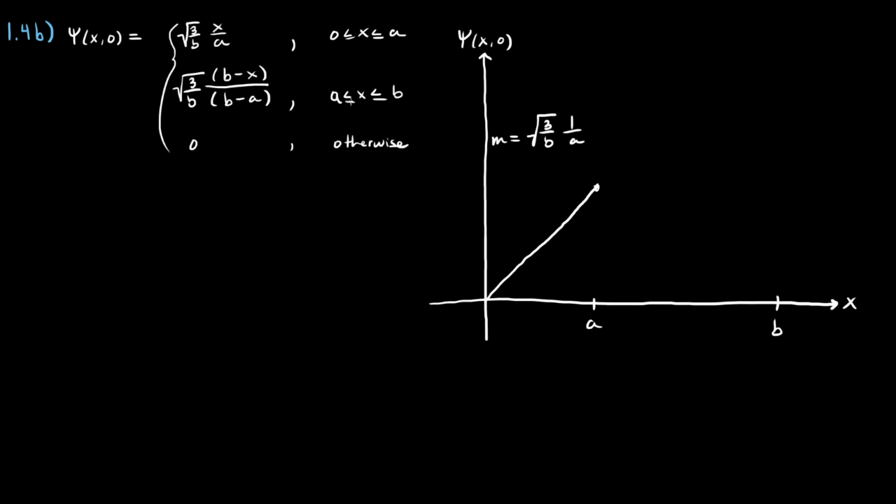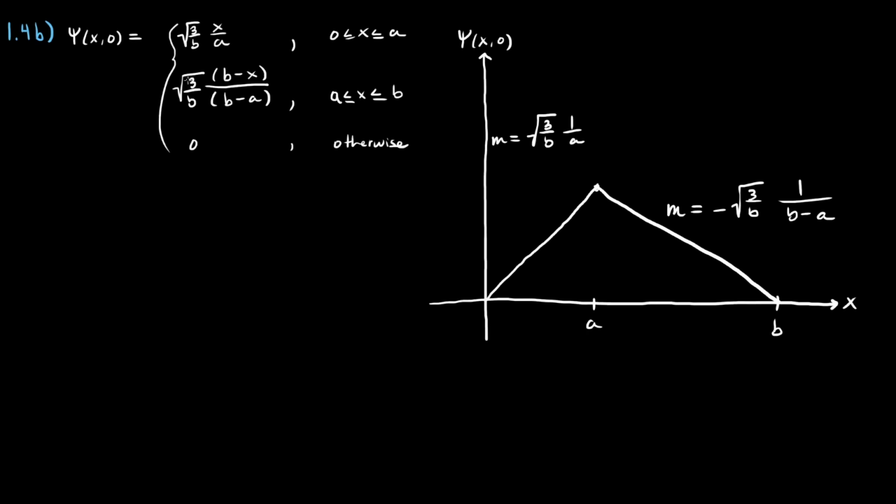And then from the interval from a to b, it is also a linear function with respect to x. And it will just go all the way down until it reaches b. And this slope is equal to negative square root of 3 over b, times 1 over (b minus a).